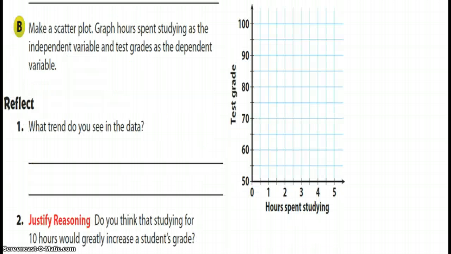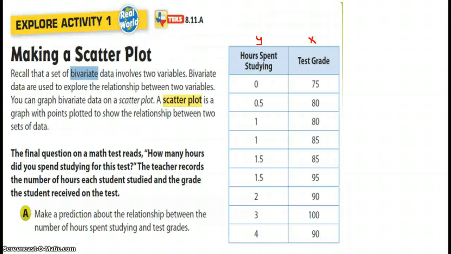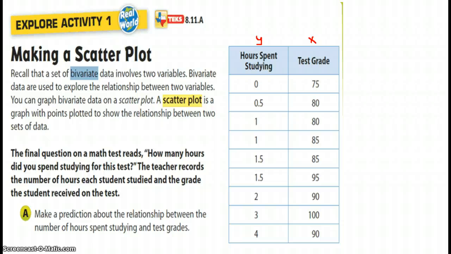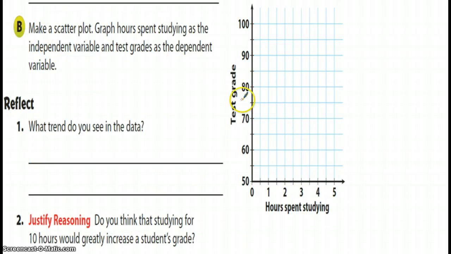So it says to make a scatter plot and graph hours spent studying as the independent variable and test grade as the dependent variable. That's what we did here. Well, actually, let's go back and look at the way the graph is set up.